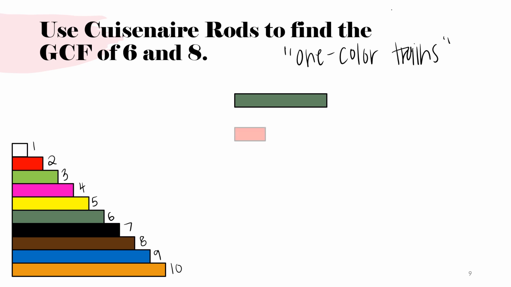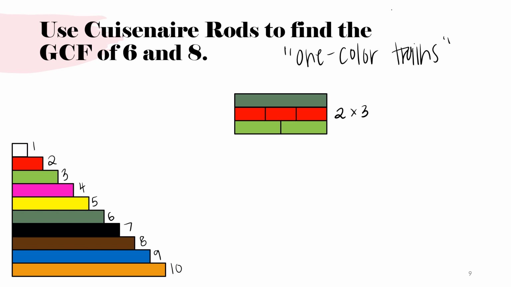But we could use 3 red rods to match the length of that dark green rod. This would be representing the multiplication expression, the 2 rod times 3. You could also use 2 of your light green rods to match the length of that dark green rod.